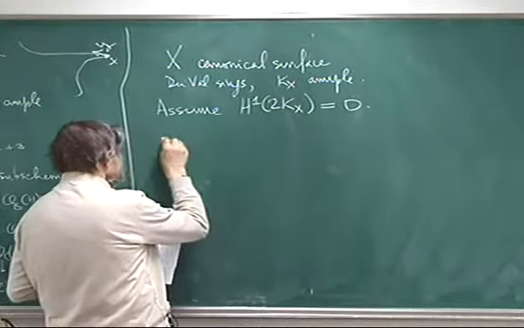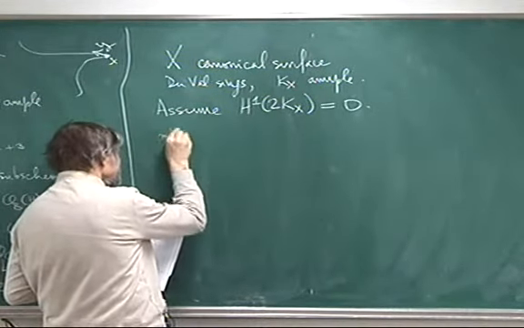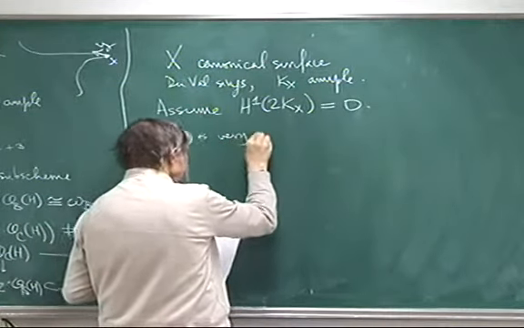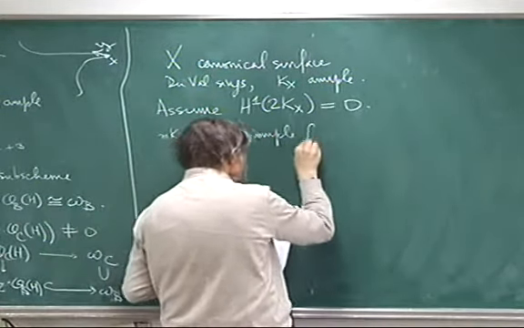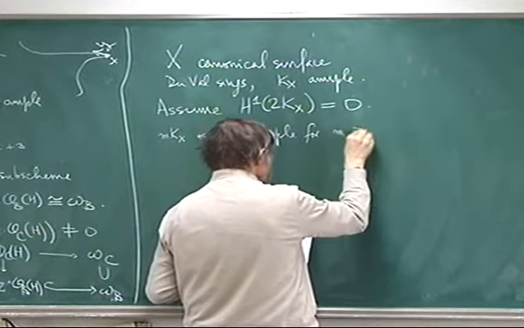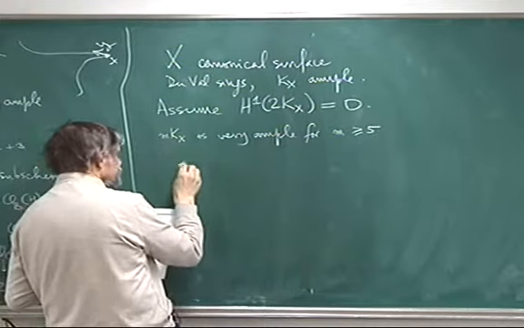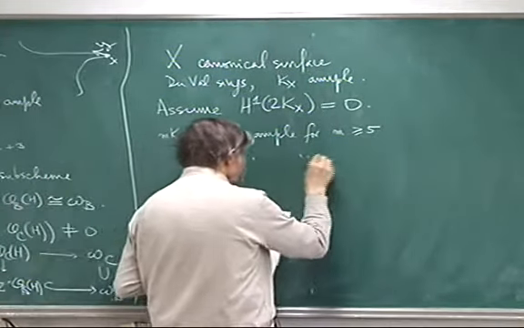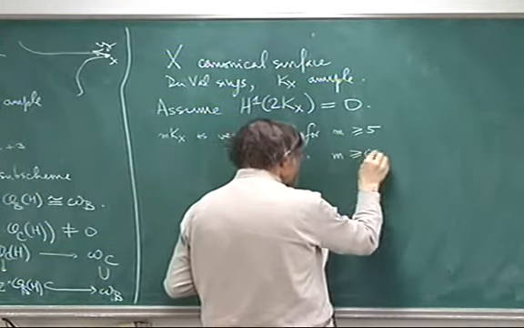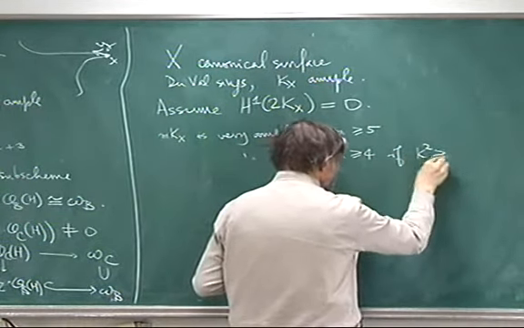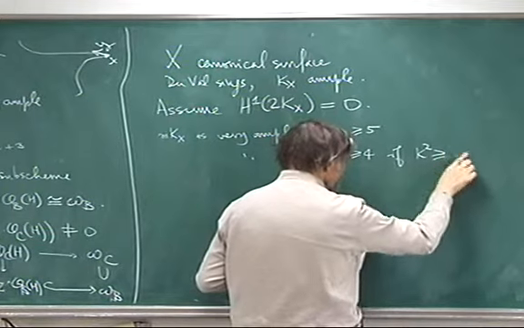Okay, then the statement is that mK_X is very ample for m greater than or equal to 5, and it's also very ample for m greater than or equal to 4 if you assume also that K squared is greater than or equal to 2.